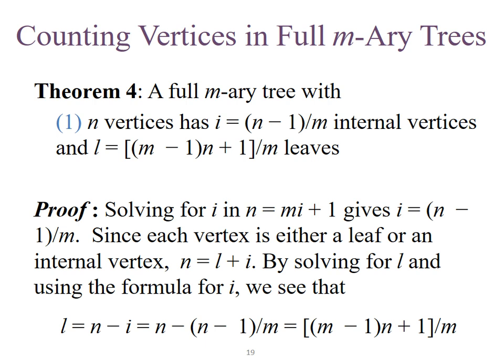And what is the number of leaf nodes? We know the total number n equals the internal vertices i plus the leaf nodes l. Given m and n, we already know what i is. So l equals n minus i, and we need to replace i by the given variables m and n, so it will be n minus n minus 1 divided by m.